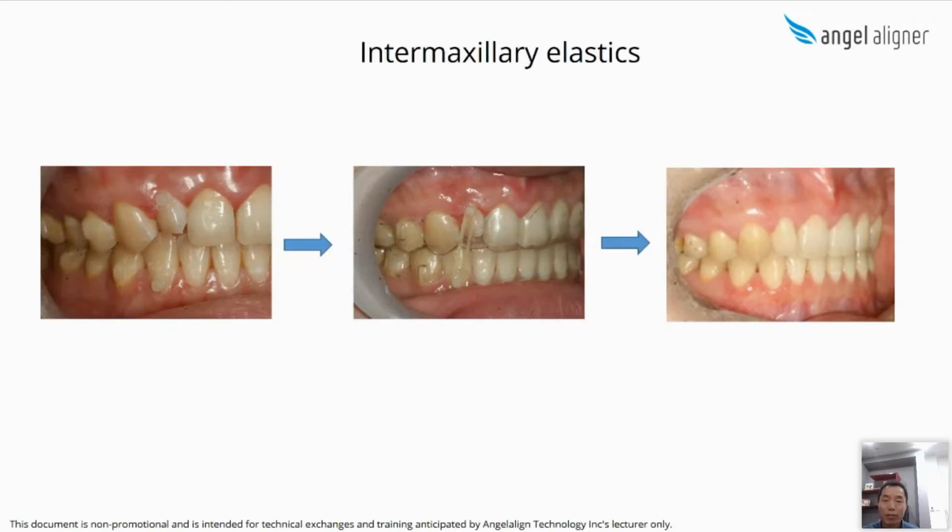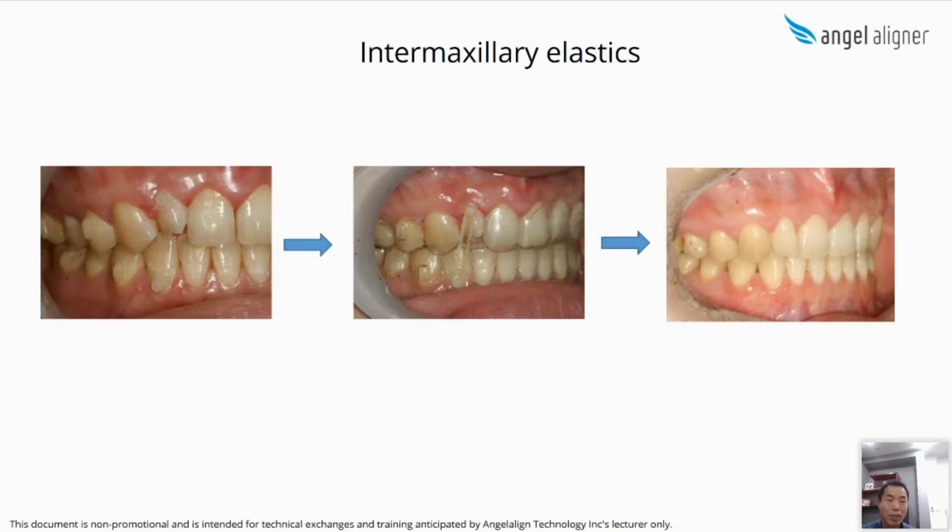For short clinical crown teeth like this, the extrusion is not enough. So you can make a cutout on the labial gingival aspect of the aligner here, and bond a clear button on the labial gingival aspect of the tooth, the attachment, and then also attach elastic to the button on the teeth of the opposite jaw.